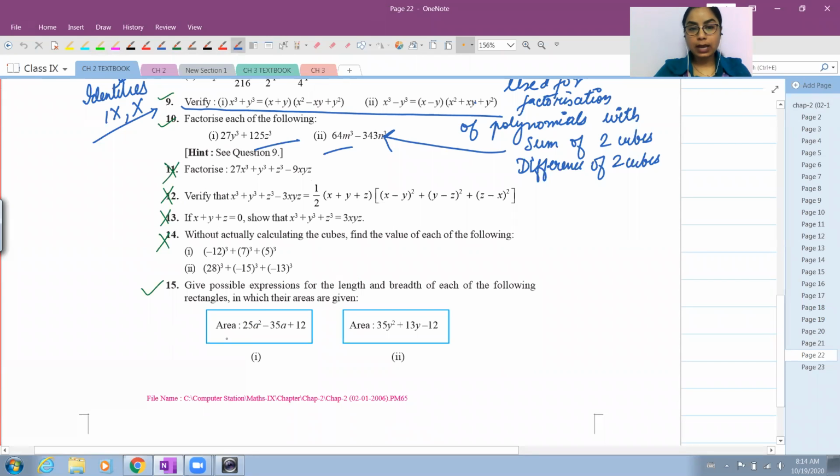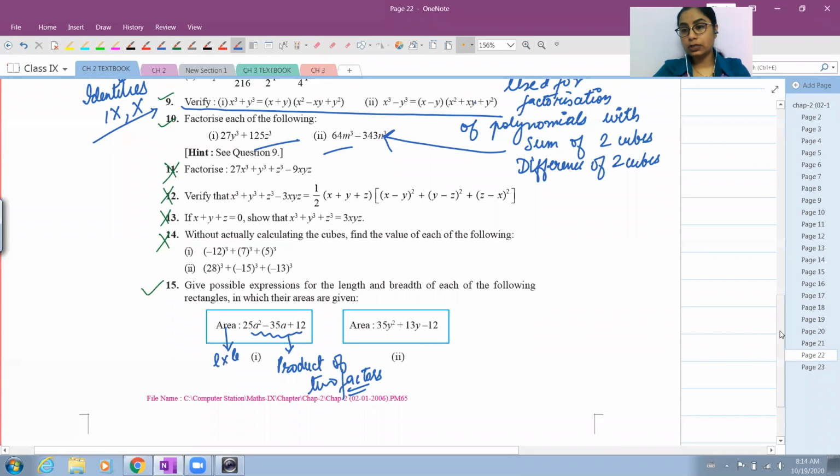So area of a rectangle is actually given by L into B. So it's a product of two values. This is what we want to do for the right hand side, the expression that's given to us. We want to express it as a product of two factors. And those two factors will be representing the length and breadth.